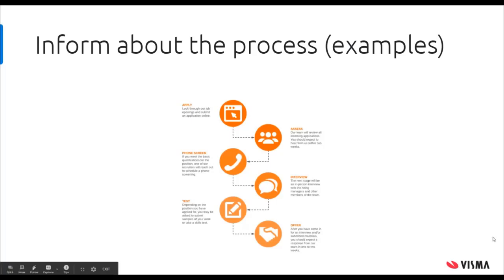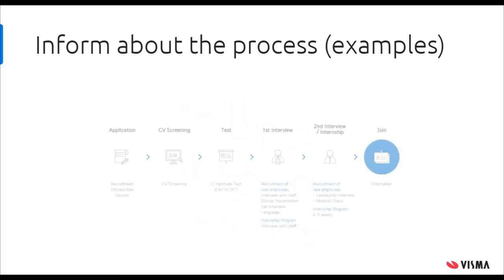So when the candidate arrives on the client's homepage or career page, then you should see these examples like, okay, so I apply, then there will be a CV screening, then a test, first, second interview, and then hopefully I will join the company. So this is just some examples how you can show the candidate journey for the candidates when they apply to a vacancy.